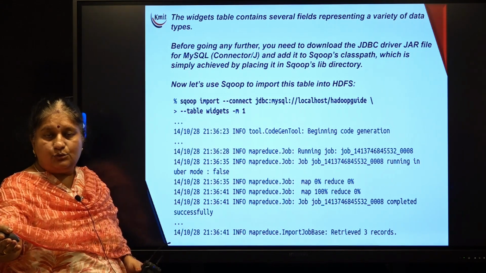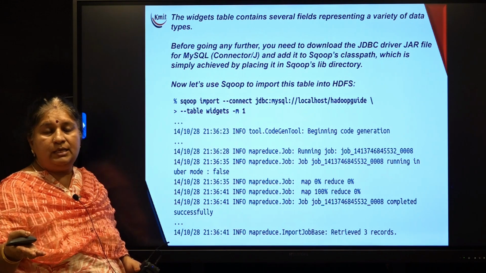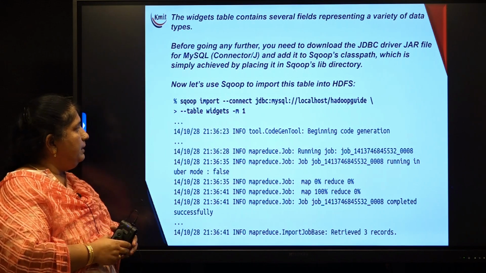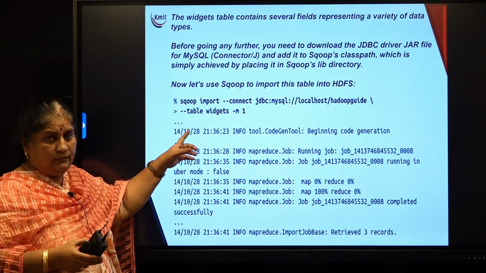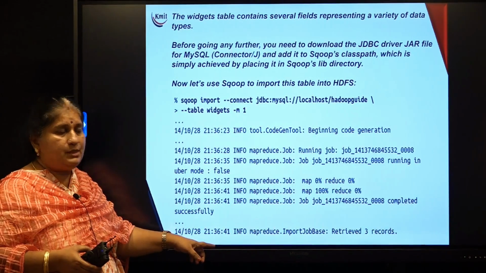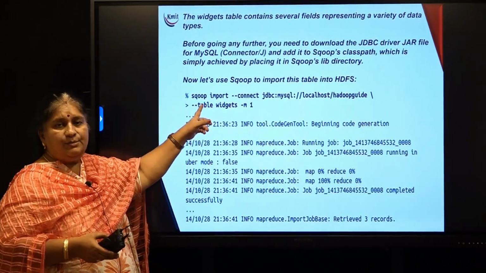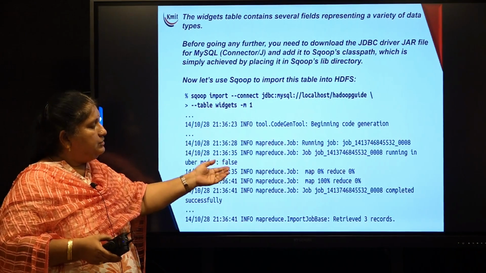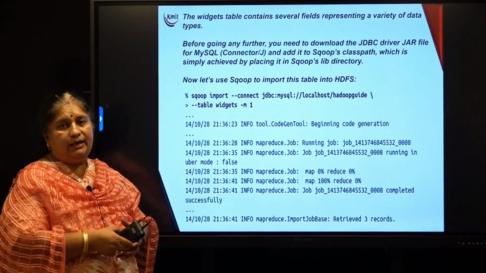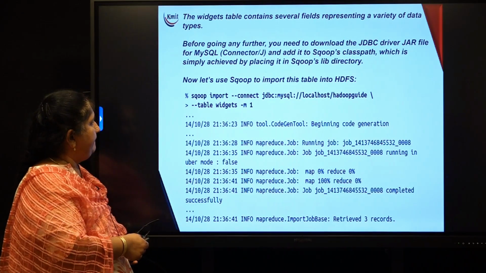From an external source which is a structured database, the data has come into HDFS via Sqoop import. If you observe, we stopped writing huge MapReduce programs. Just a 1 line or maximum 2 to 3 line command internally builds a MapReduce program and gets the data into HDFS.